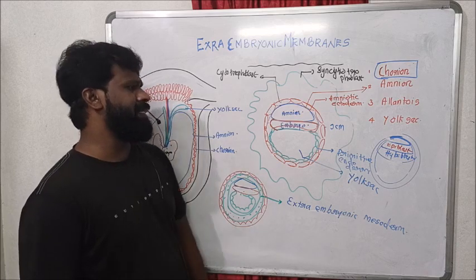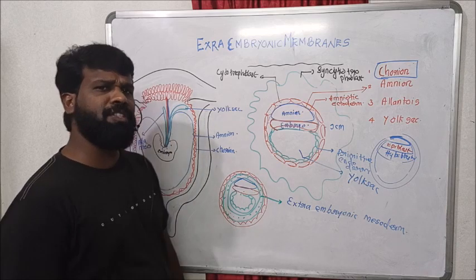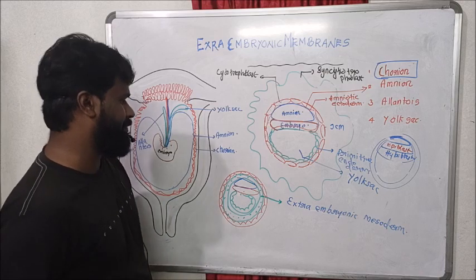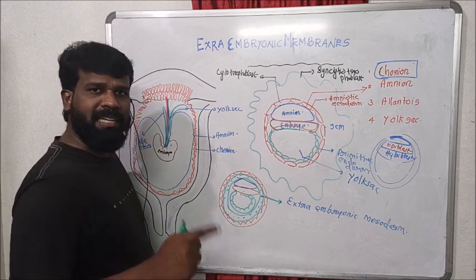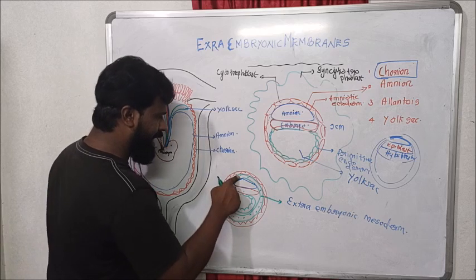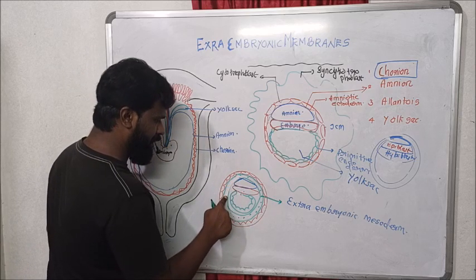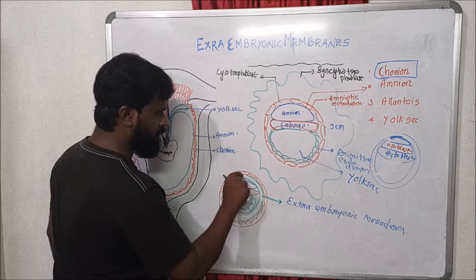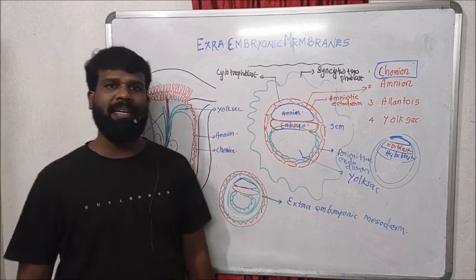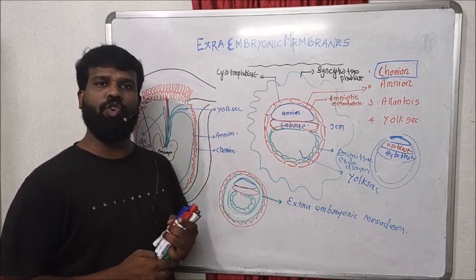See here, in this stage, this extraembryonic mesoderm develops a cavity. A cavity forms in this extraembryonic mesoderm.